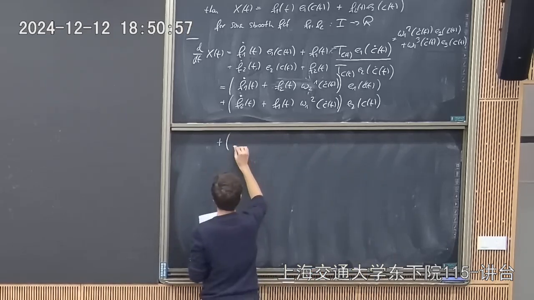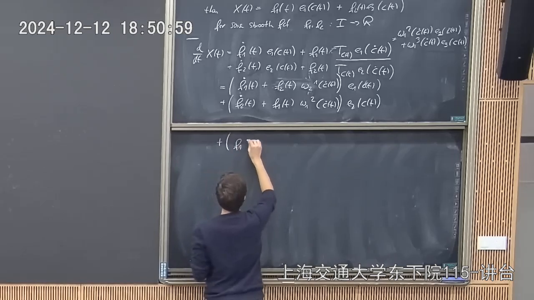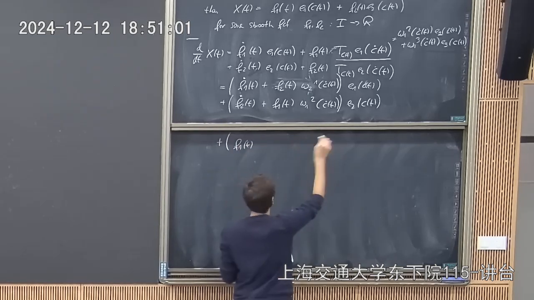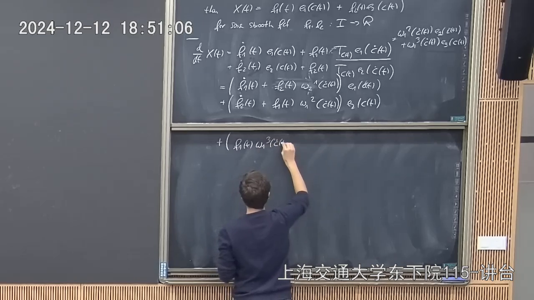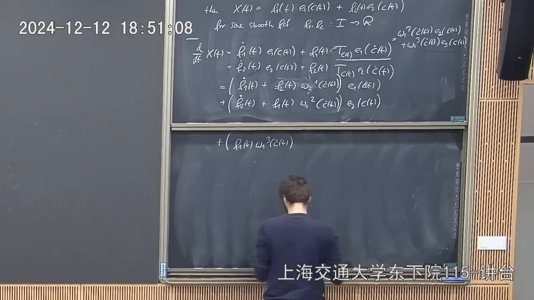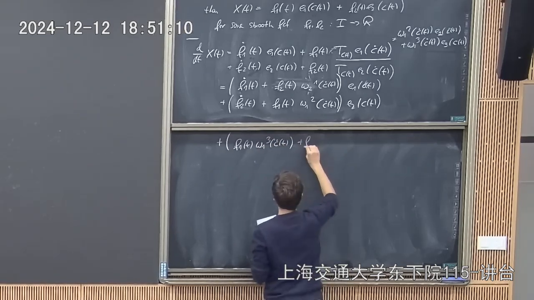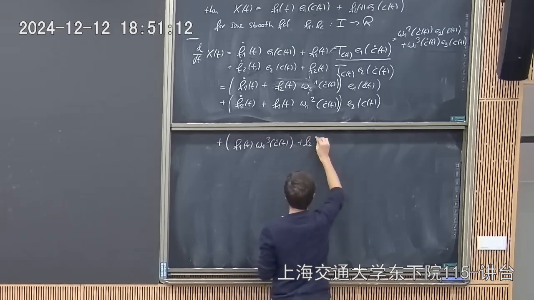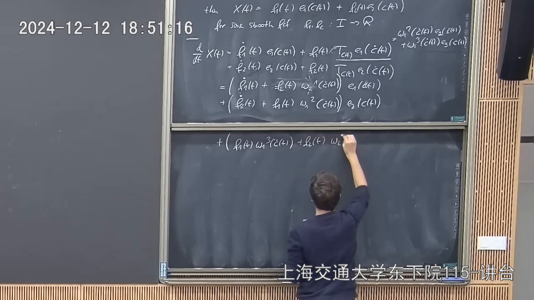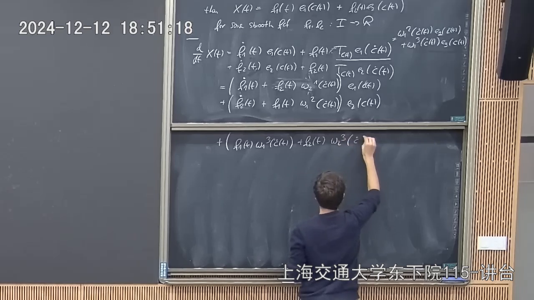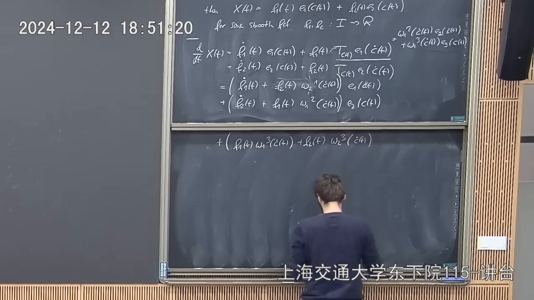So that will be F1 of t times omega 1, 3, plus F2 of t times omega 2, 3, times c of t.